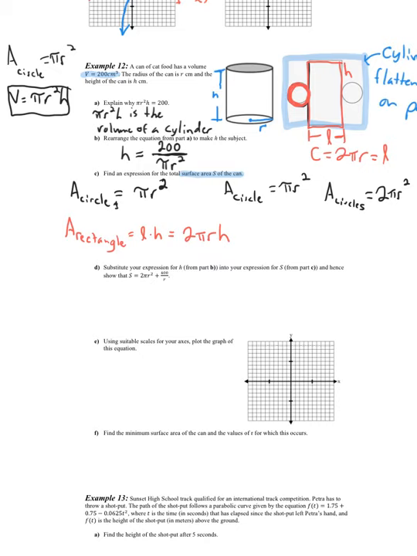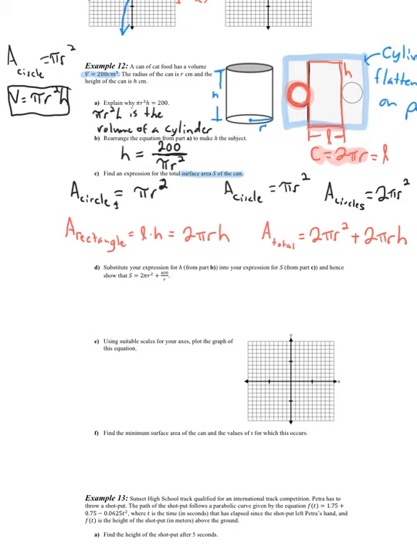Okay. So if I wanted to find the total surface area, I'm going to do 2 pi r squared plus 2 pi r h. Wait, where did the 2 pi r h come from? Yeah, so circumference of a circle is 2 pi r, which is the perimeter of the circle, which is the same as this length here. That's what's happening.